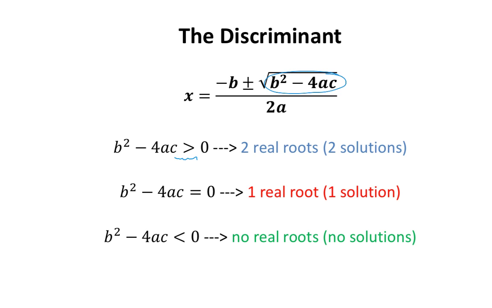If it is greater than 0, that just means that it is positive. If the discriminant is equal to 0, that means there is only one real root. There is only one solution. And last but not least, if the discriminant is less than 0, that means there are no real roots and there are no solutions. In other words, that means the discriminant is negative.